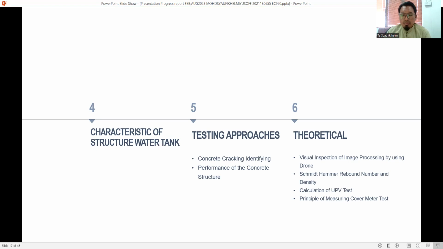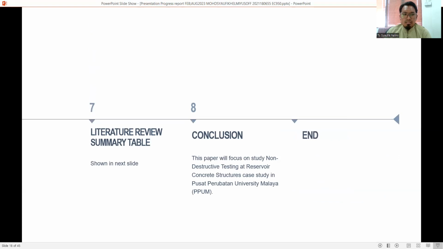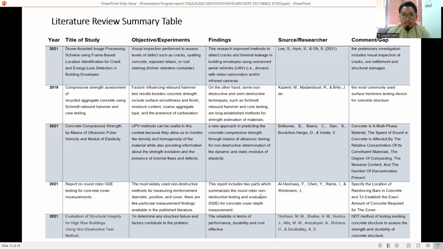The theoretical part is based on visual inspection, focusing on the rebound hammer, UPV testing calculation, and the principle of cover meter test. The 7 literature review summary table is shown in the next slide. In conclusion, this paper will focus on non-destructive testing of reservoir concrete structure, a case study at PPUM.